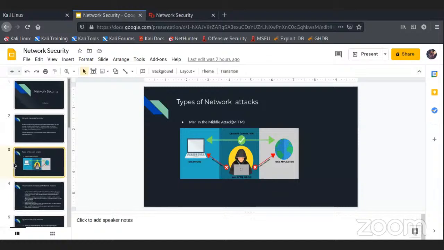One common one is the man in the middle attack. For a network to be complete, we have to have an end user, the host. So the man in the middle sits in the middle of the network and just listens to any traffic that's passing through the network.